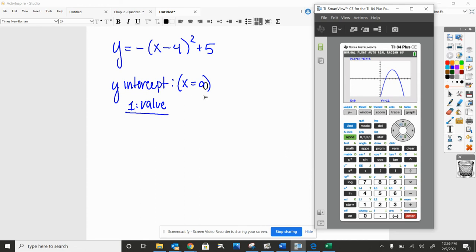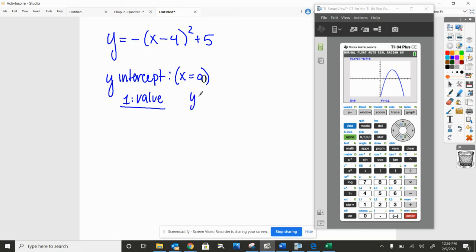So my y-intercept, if you see there, I don't know why that text is coming up, is negative 11. So that means my y-intercept is down here at negative 11. So 0, negative 11 is my y-intercept. What if I asked you to plug in the following values for x, just to see what they are? What if I said, what's the value of y when x is 2?